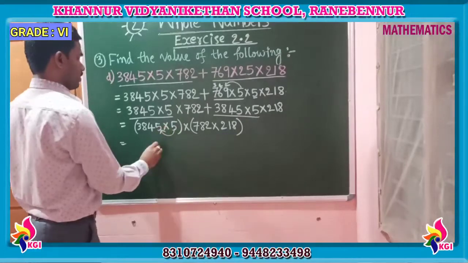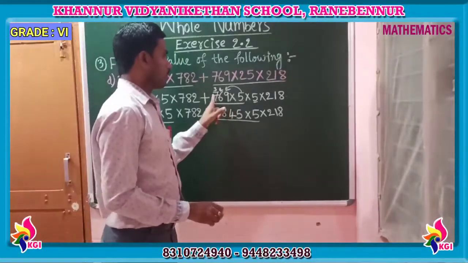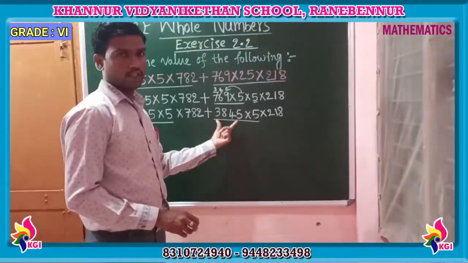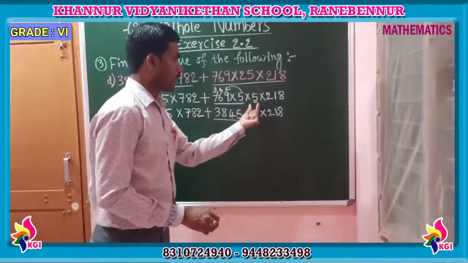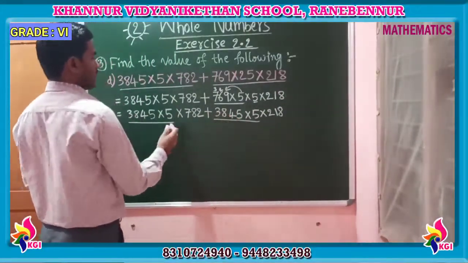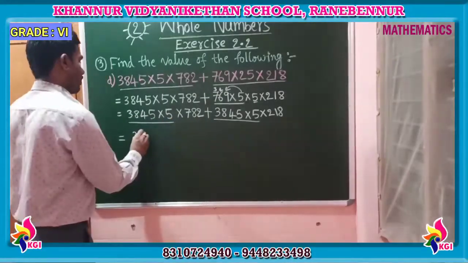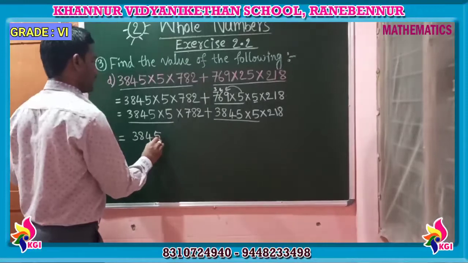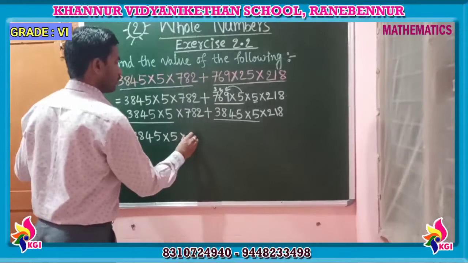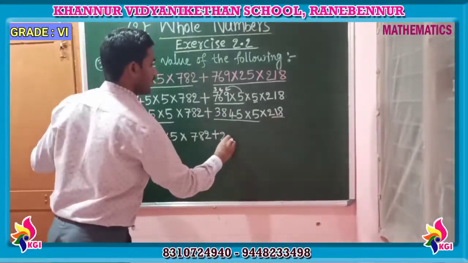Now children, here this is multiplication. 5 5s are 25, plus 3,845. If you multiply 769 into 5, we will get this number 3,845. Then into 5 into 218. Then on the left side and right side, this 3,845 into 5 is common. 3,845 into 5, write as it is, then into 782 plus 218.